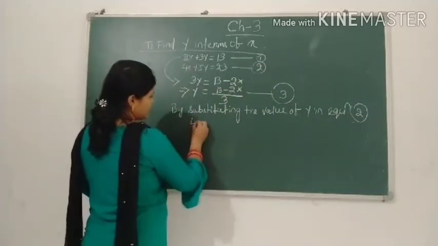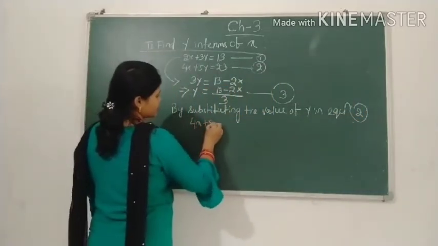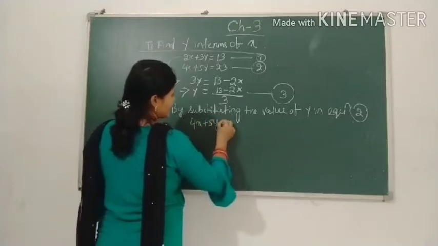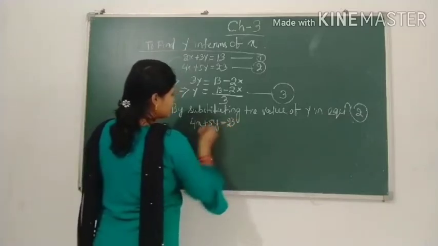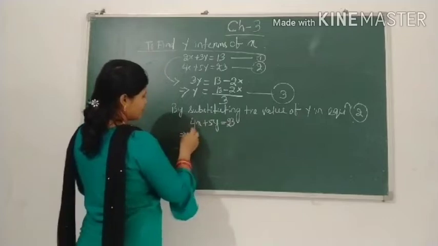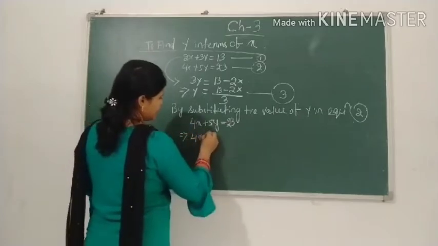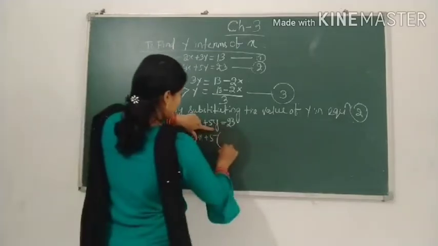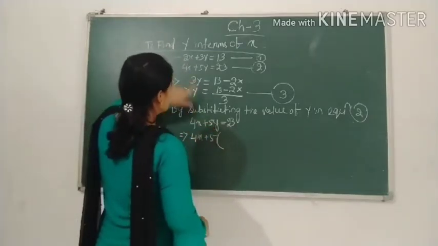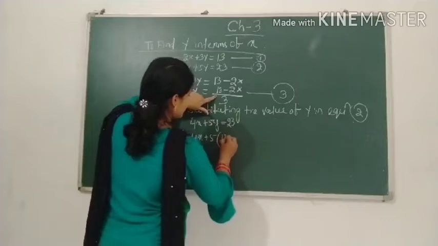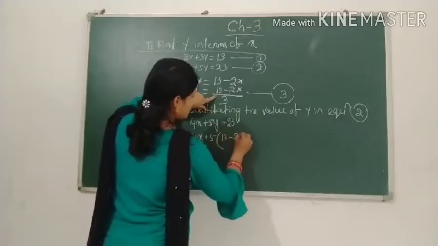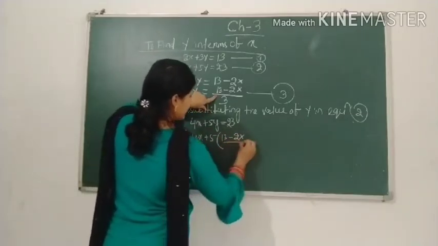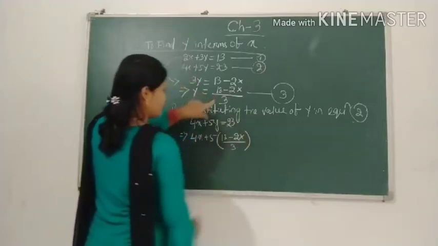Equation 2 is 4x plus 5y is equal to 23. In place of y I have to write 13 minus 2x divided by 3.